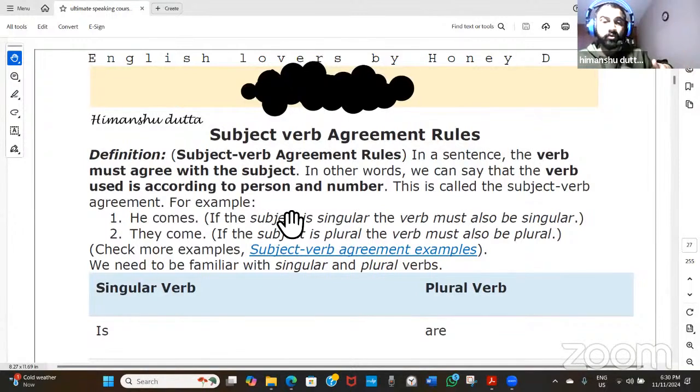But when it comes to learning during our childhood, we have learned like that. When we are personifying, when we have kept a name for that particular animal, then we say he or she because we have personified. When we say Jimmy, I'm sorry for taking any kind of name. I'm not taking any name.